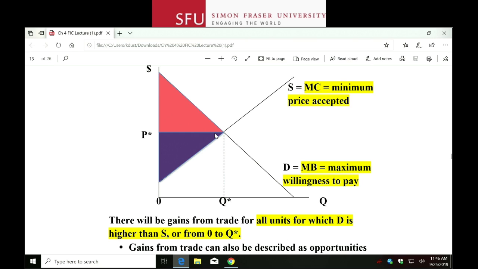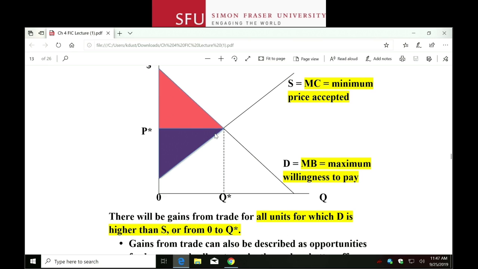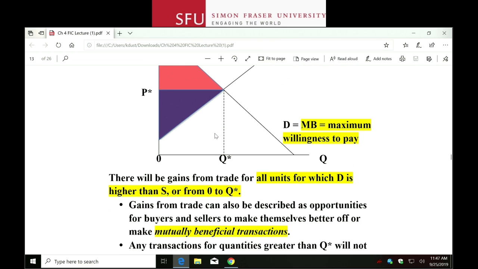And then we can also use the phrase mutually beneficial transactions to describe those gains from trade from the units. So mutually beneficial, meaning that when these units are bought and sold, both the buyer and the seller are benefiting from it.